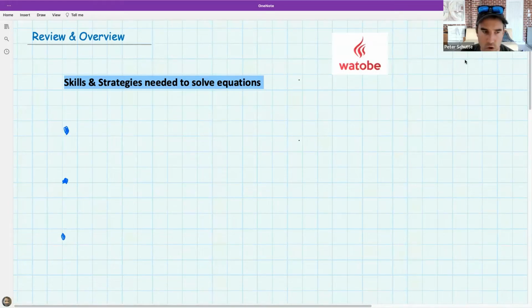Okay. Who has some skills and strategies to solve equations? Pop your hand up if you got an idea, or you can write in the chat. Brandon has his hand up. Whose hand is up? Brandon. Okay, Brandon, we're going to ask you to unmute, and you should see a little box pop up.